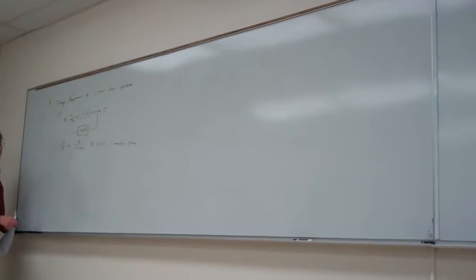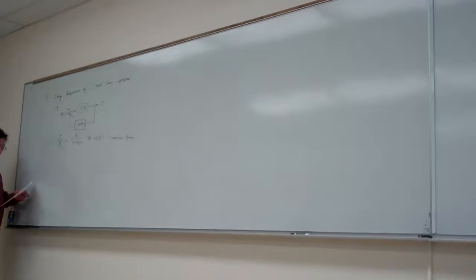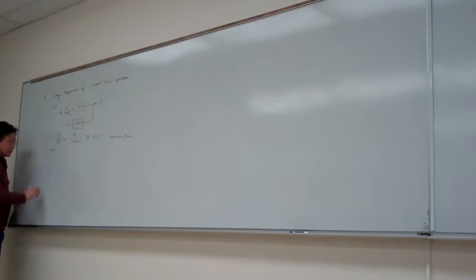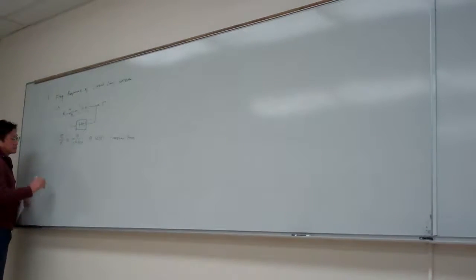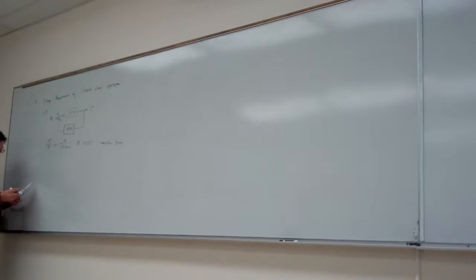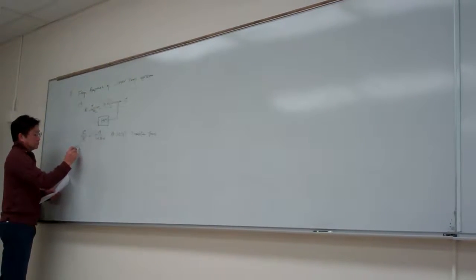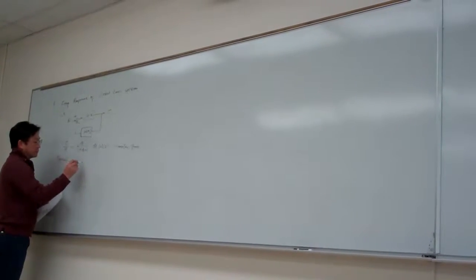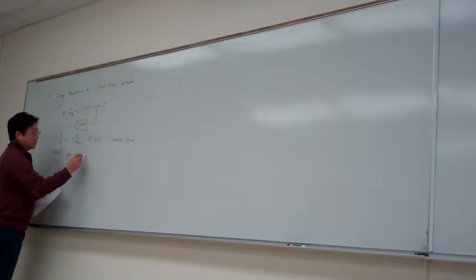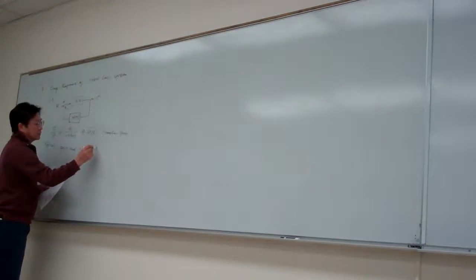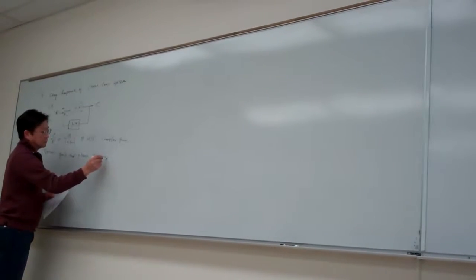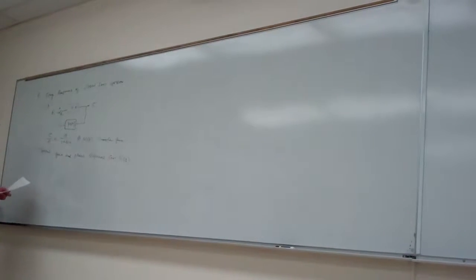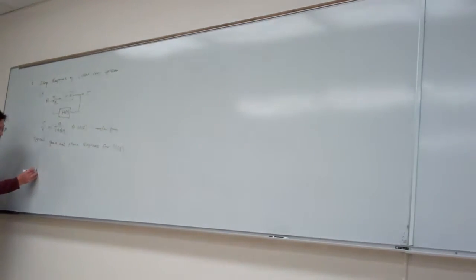Okay, so now for this one, the typical gain and phase diagrams for M of s will be just like this.